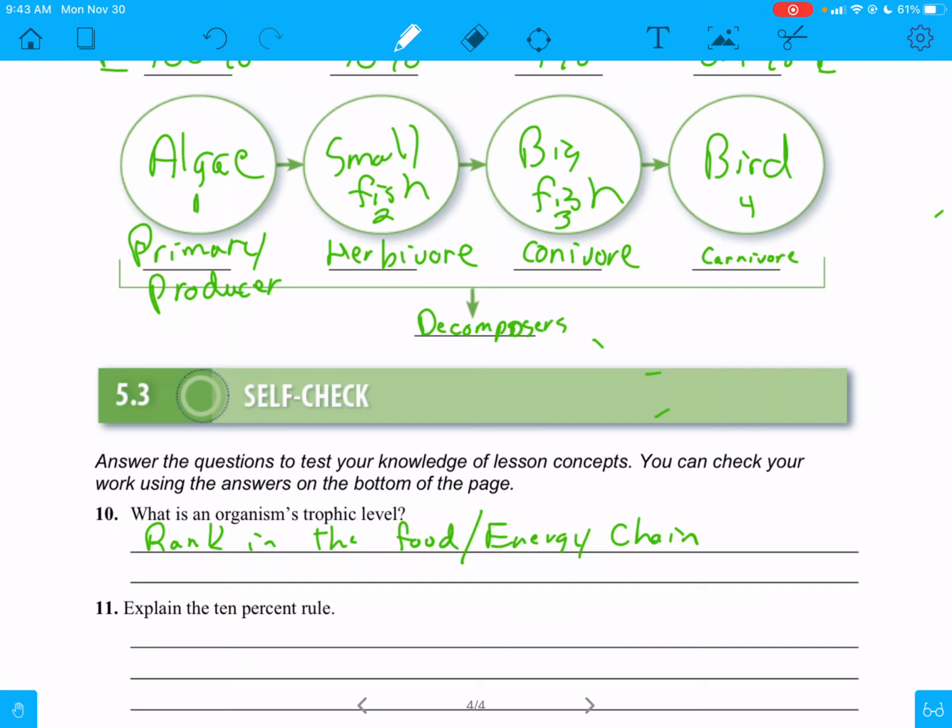Explain the 10% rule. The 10% rule states that only about 10% of the energy goes from one trophic level to the next. So I will put down here only 10% of energy is passed from one trophic level to the next.